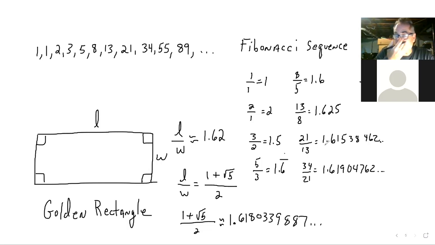what this is close to. I'm looking at ratios of consecutive terms of the Fibonacci sequence. The farther I go out, the closer to the golden ratio I get.